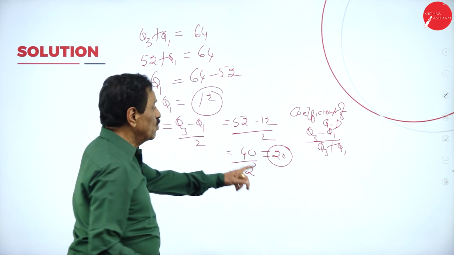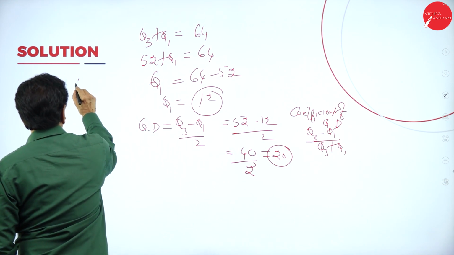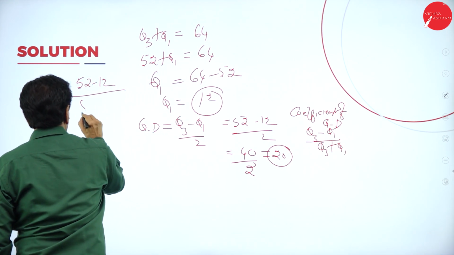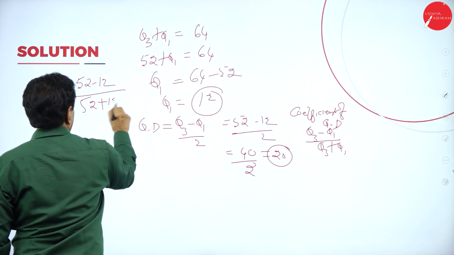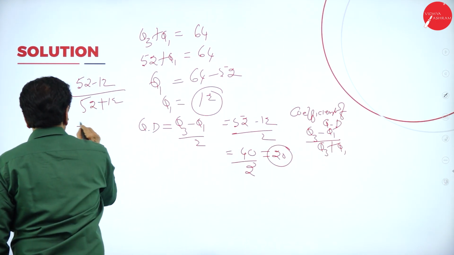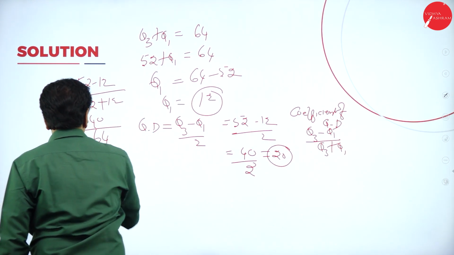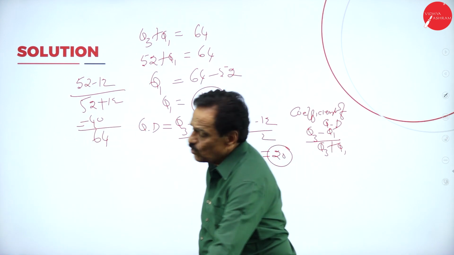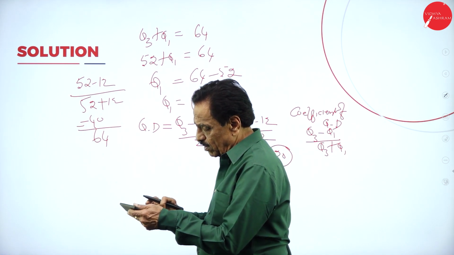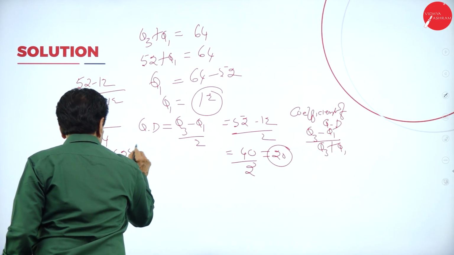What's your Q3? 52 minus 12 divided by 52 plus 12. 52 minus 12 is 40, and 52 plus 12 is 64. Now you divide 40 divided by 64, which is 0.625. This is the coefficient, if they ask.